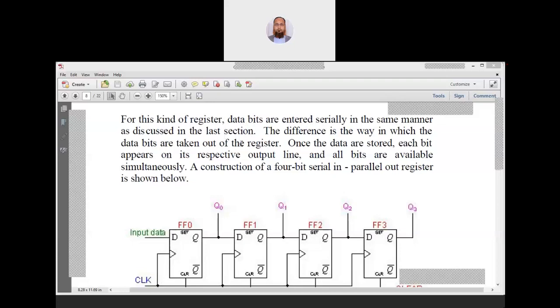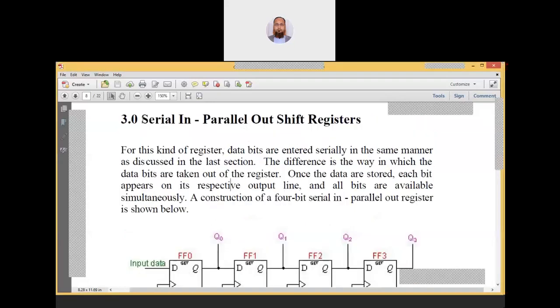So this is serial in. So data will come inside serially as it came previously. Okay. So data input format will remain the same here. Okay, the difference is the way in which the data bits are taken out of the register.